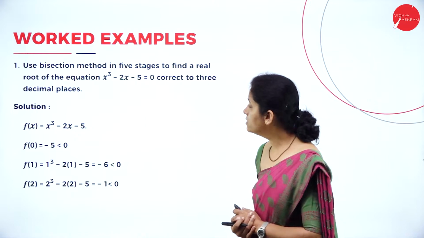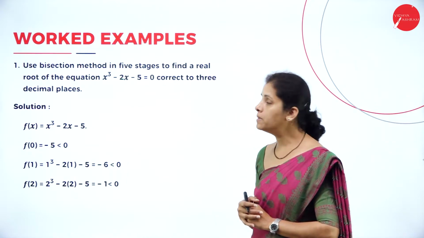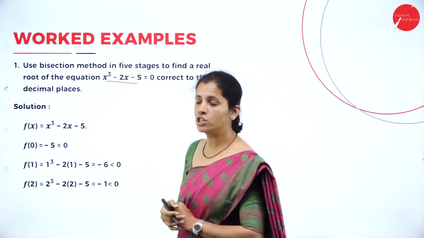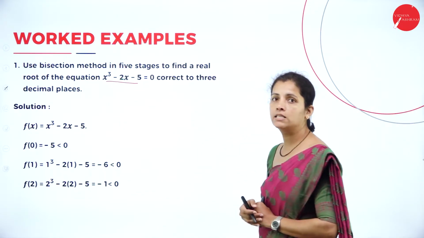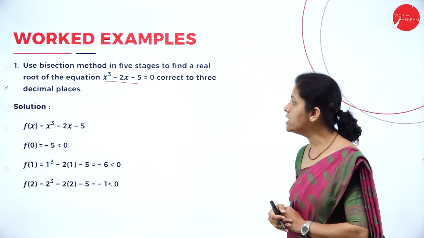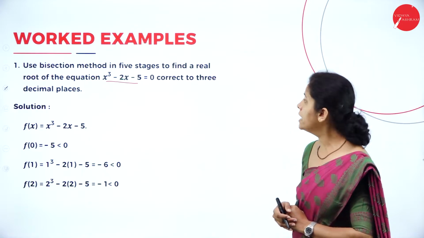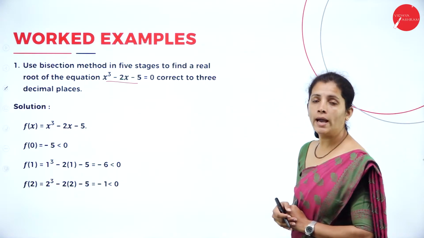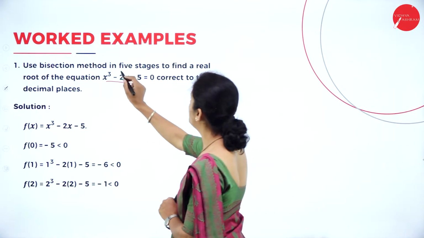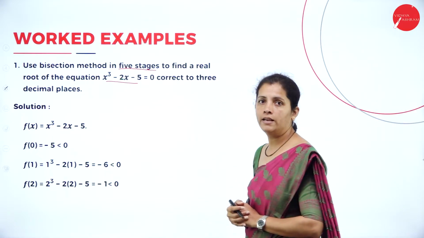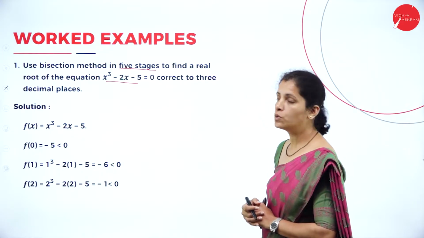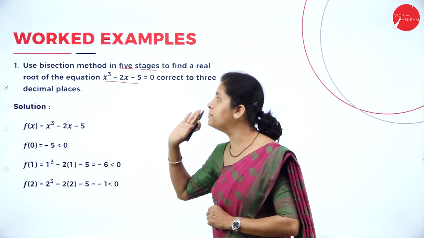The first problem under the bisection method is: I have the equation x cube minus 2x minus 5 equal to 0 and I want to find the real root of the equation, and I want to stop the process when I reach the fifth stage. I want to consider 3 decimal places.